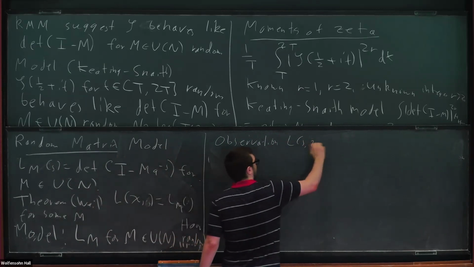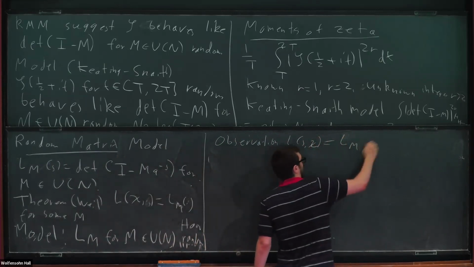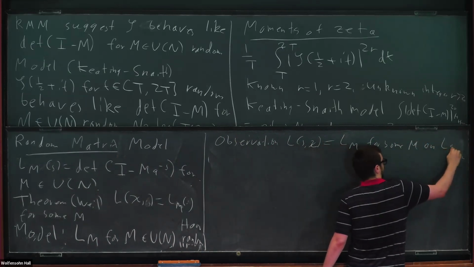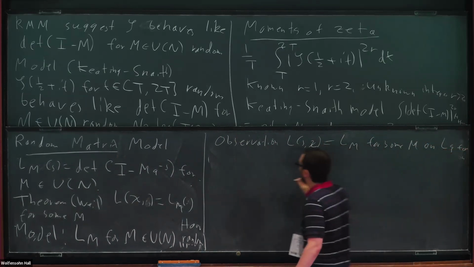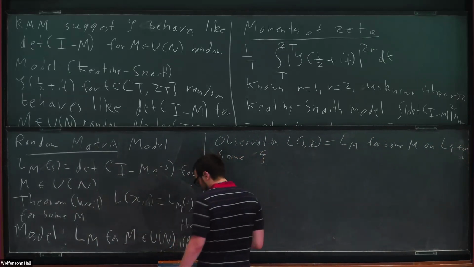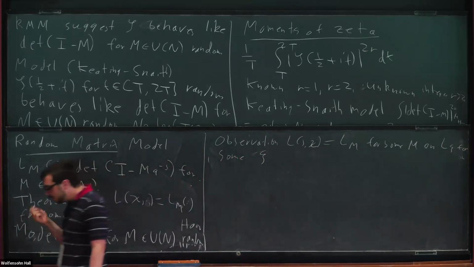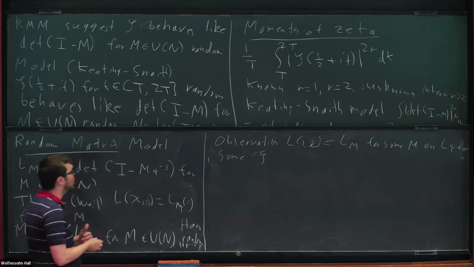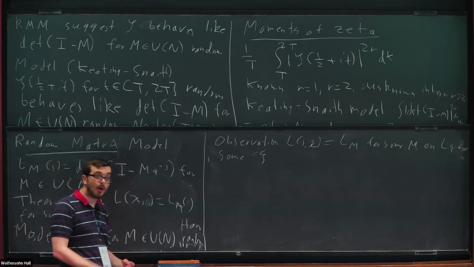L(s, chi) is always equal to L_m for some m, and it equals L_{x_c} for some x_c. So both models are accurate in how they constrain what our L function can look like. It has to look like it came from both of them.